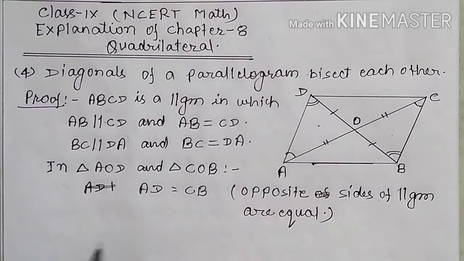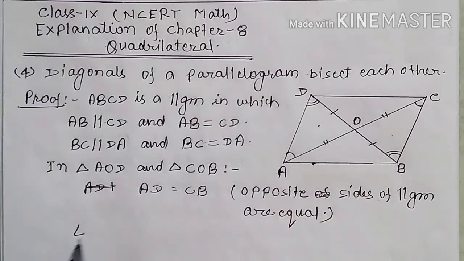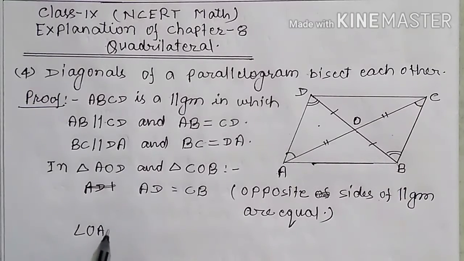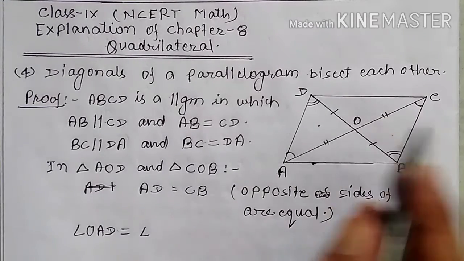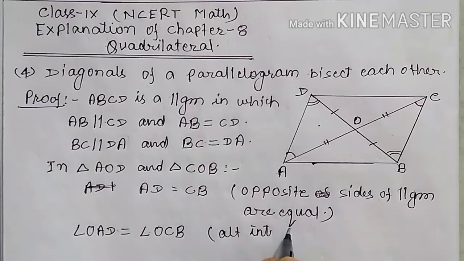So we can say angle OAD is equal to angle OCB, alternate interior angles are equal.